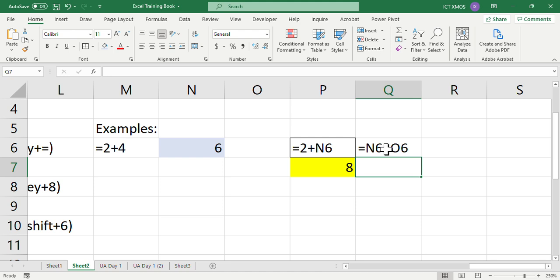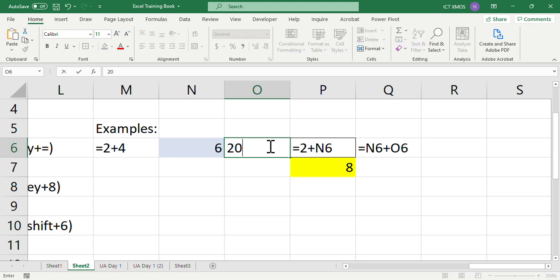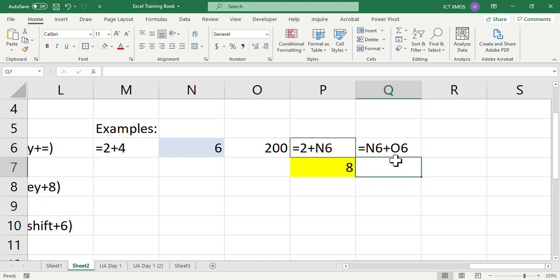Now for this formula, there must be something in N6 and something in O6. This place is O6. There's nothing there presently, so let's put something like 200 here. Then we enter the formula here: N6 plus O6. This is O6. This is N6.